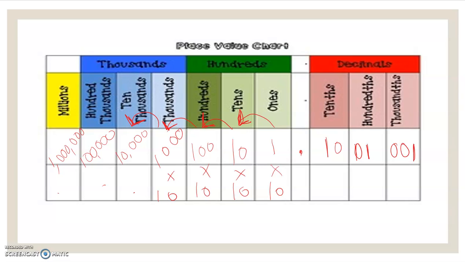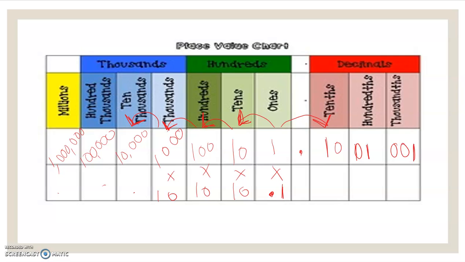Now for our decimals, we're multiplying by 1/10, or 0.1. So if we were to multiply 1 times 0.1, we would get 0.1, or tenths. We would be in our tenths place.